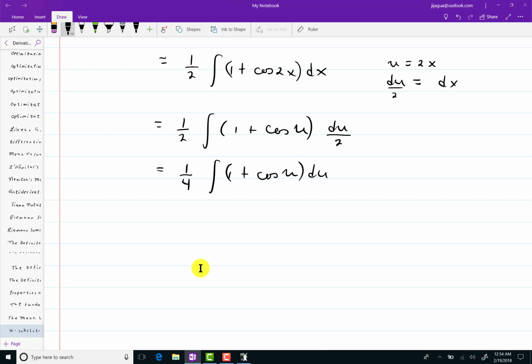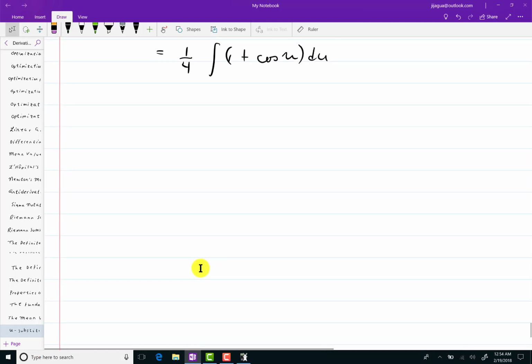And now you just go ahead and work it like you would any other problem. 1/4 times u plus sine of u. Since this is an indefinite integral, I'll add the c in here. And then when dealing with a definite integral, you'd simply plug in your numbers at this point. So that's how you got to work with these things.